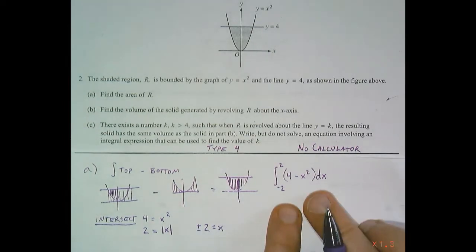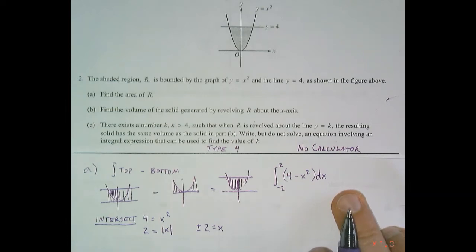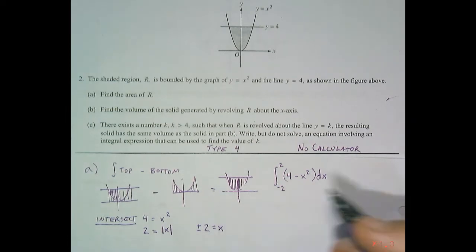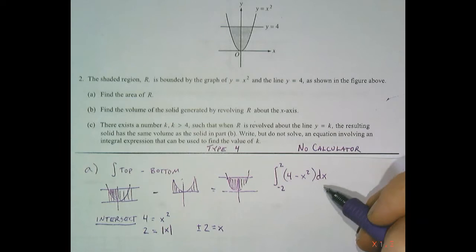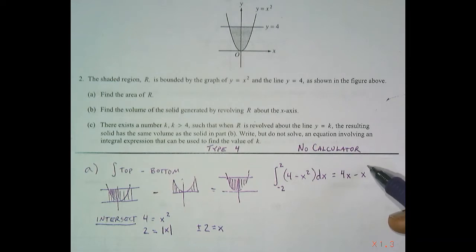If this were a calculator active problem, I would go to a calculator and type that in, but being that it is a no calculator problem, we're going to take the antiderivative, x to the third over 3, and then evaluate it from -2 to 2.